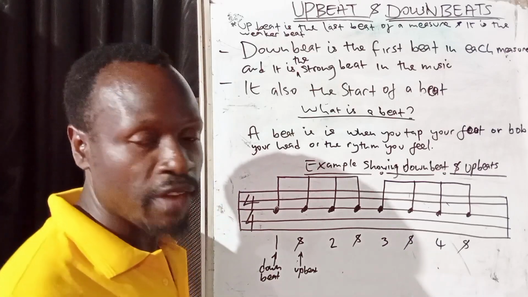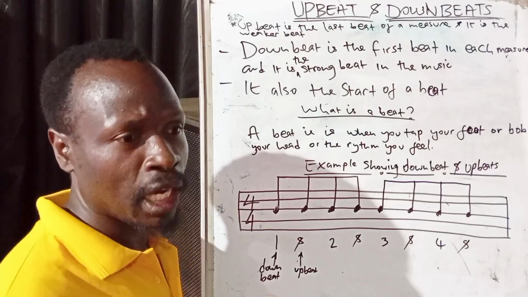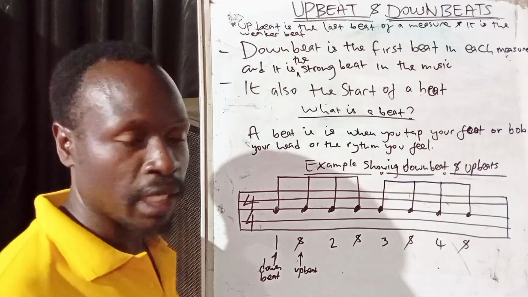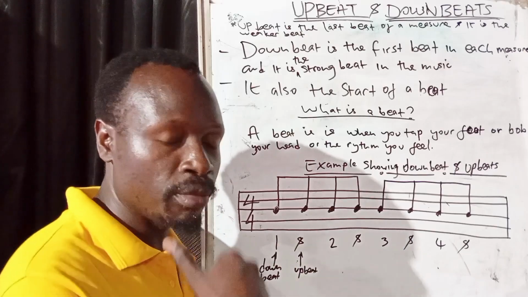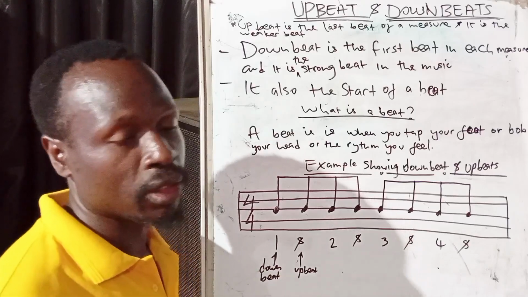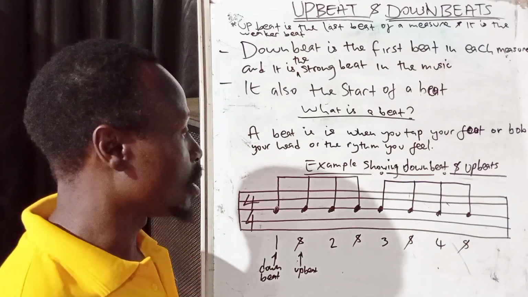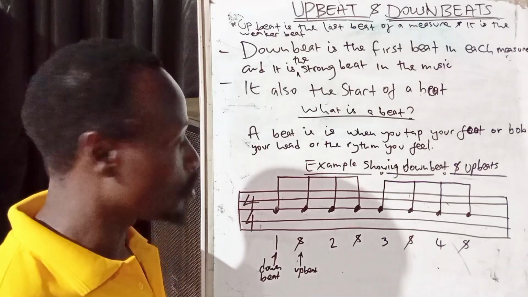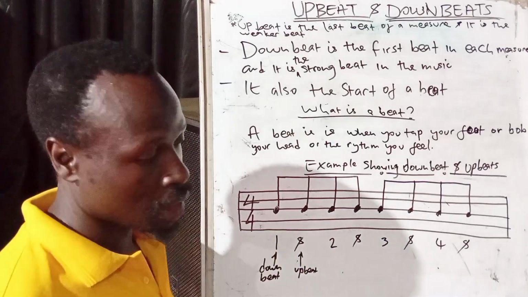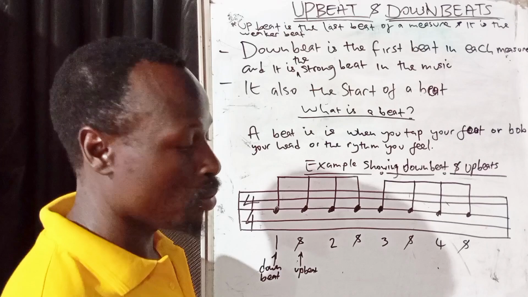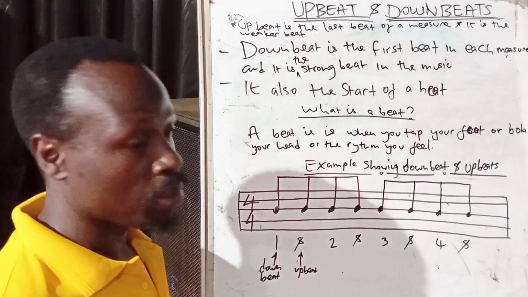So every beginning of a bar should sound louder than the end of it. The end sounds softer, and the beginning sounds louder. So that's the effect of the downbeat and the upbeat. Let me go to the keyboard and try to demonstrate this, and I'll give a few more examples when playing.